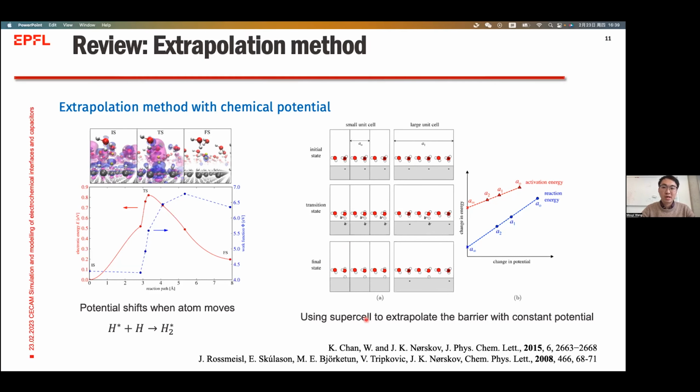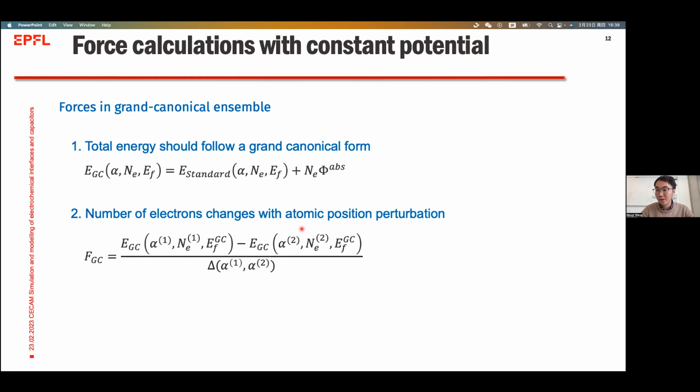So we will try to use a grand canonical way to do the self-consistent loop to solve the basic DFT result and combine it with NEB calculations. With the forces in the grand canonical ensemble in DFT, we will try to derive how the force will behave when we perform a constant potential calculation.